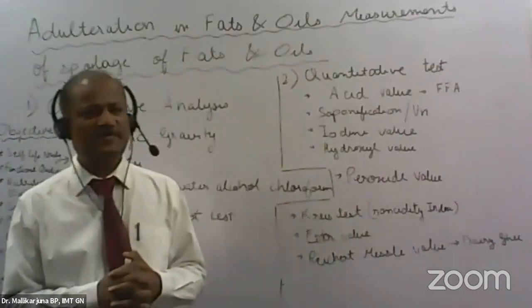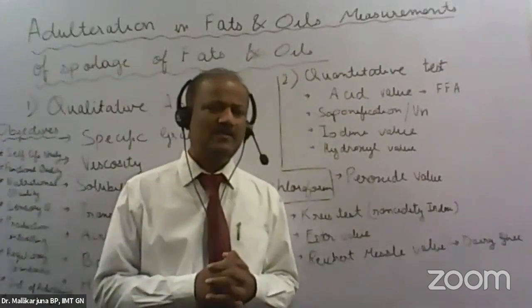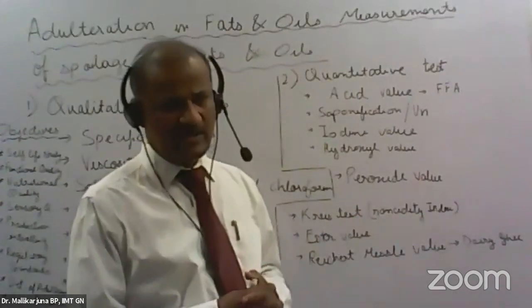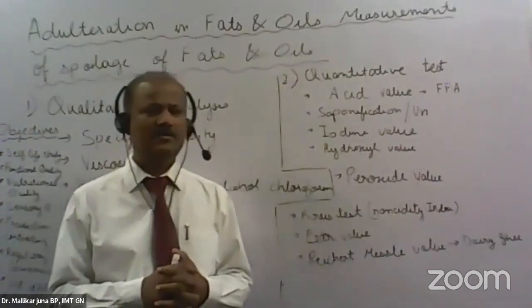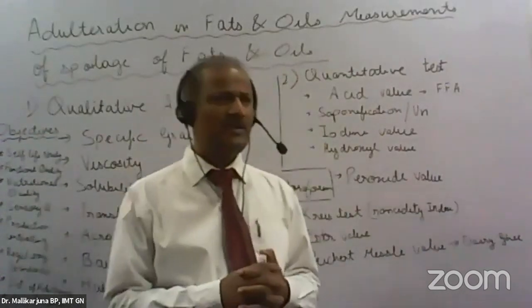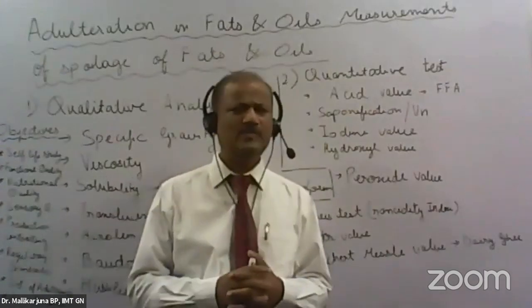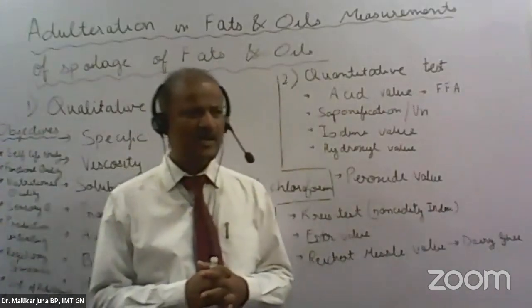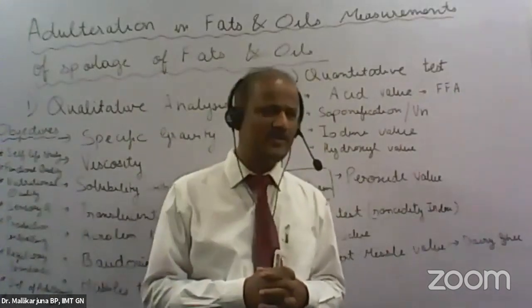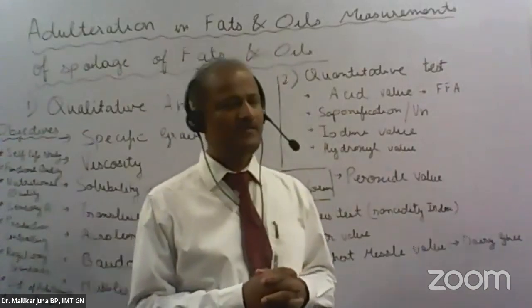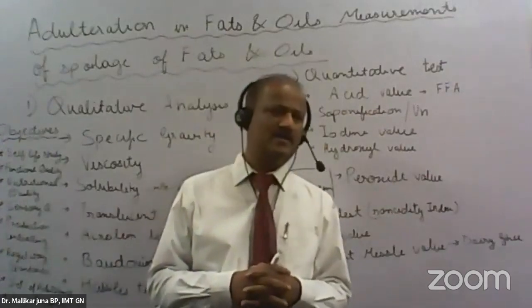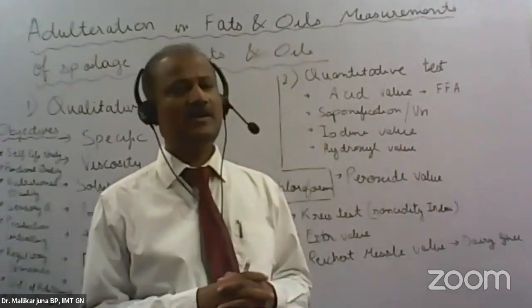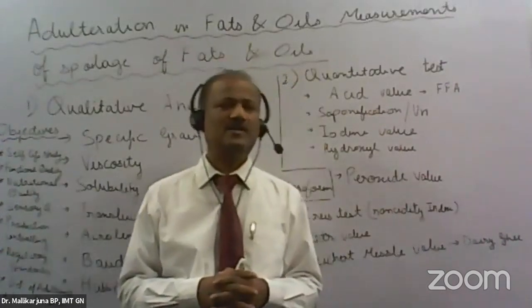So how to find this out? We just take a few ml of the oil or fat, then add a few drops of ferric chloride solution, maybe in ethanol or in acid. It is shaken vigorously for a few minutes, and the development of light blue or dark color indicates the presence of these phenolic oils and fats in that particular oil.